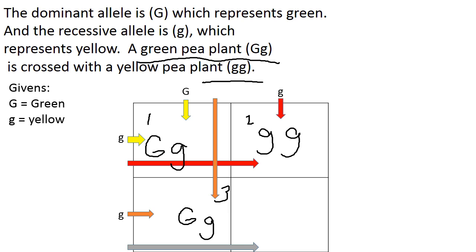Next, we're going to look at the last box, number 4, and we're going to bring across the lower g to the left, and then bring down the lower g above it.